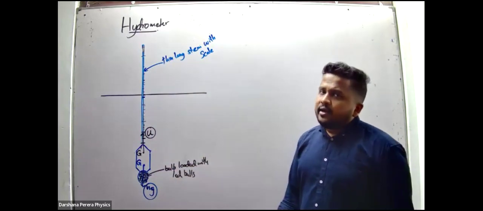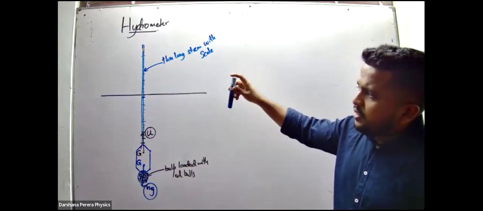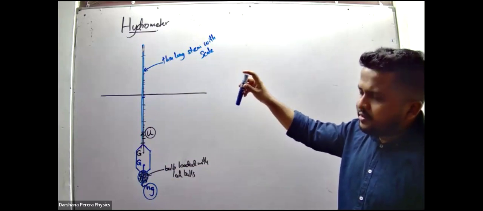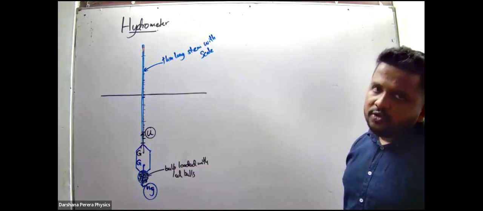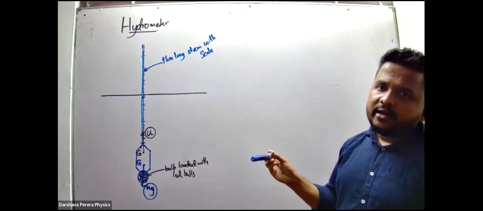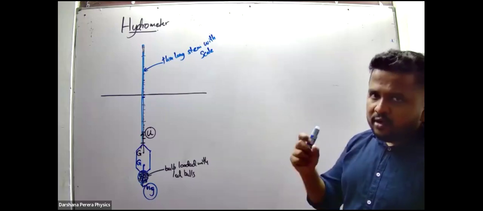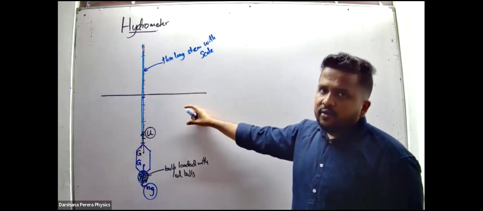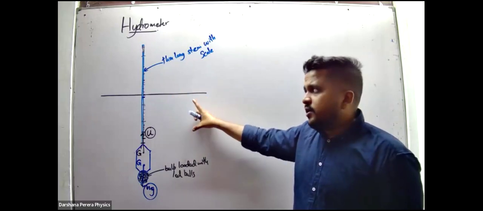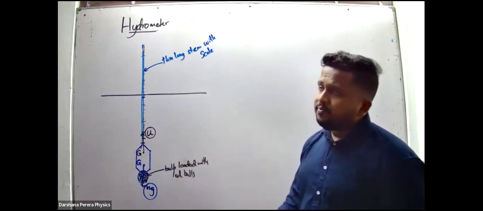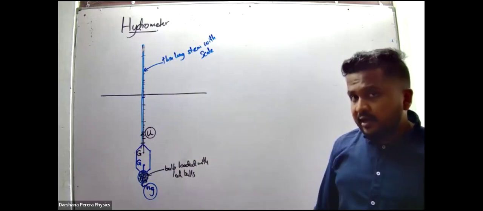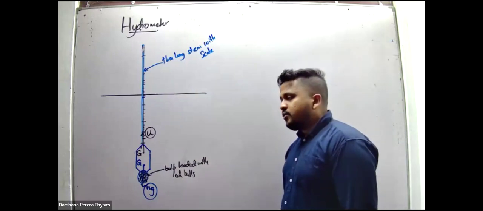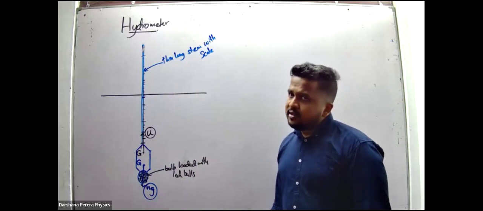Because of that, the height of the float is inversely proportional to the density. If the density is higher, it rises by a smaller distance. If the density is lower, it goes down and the distance is higher. Because of that, there is no linear scale.